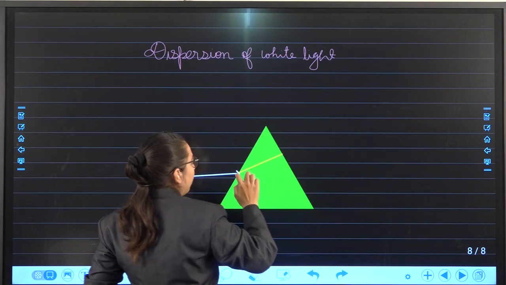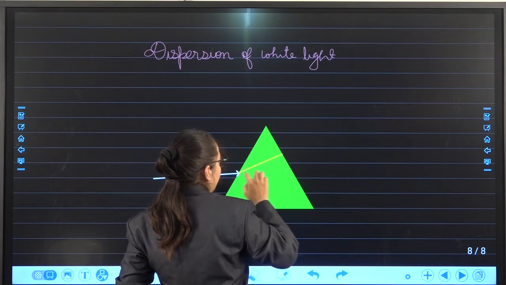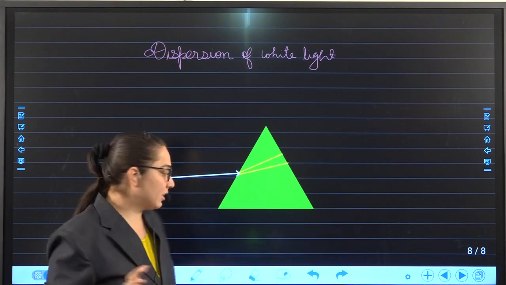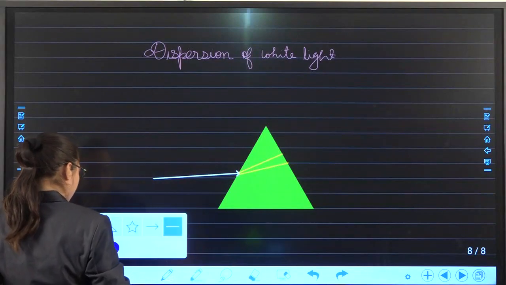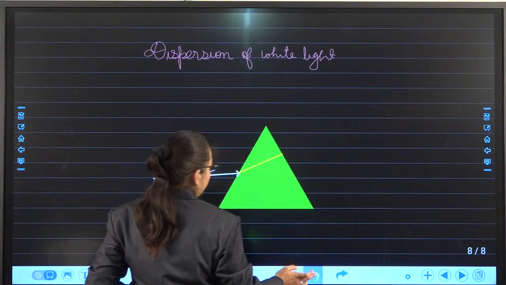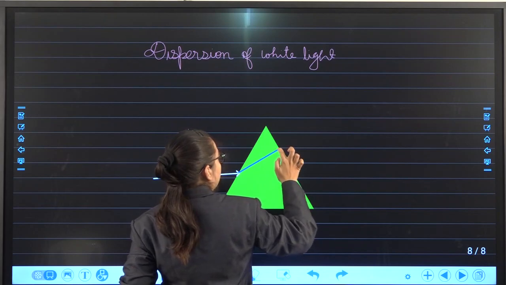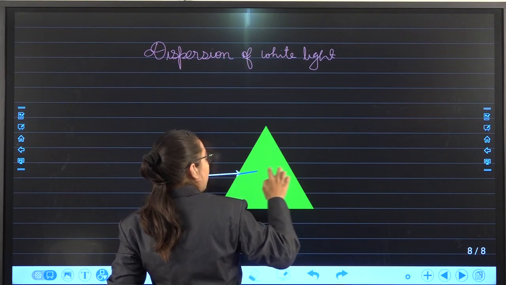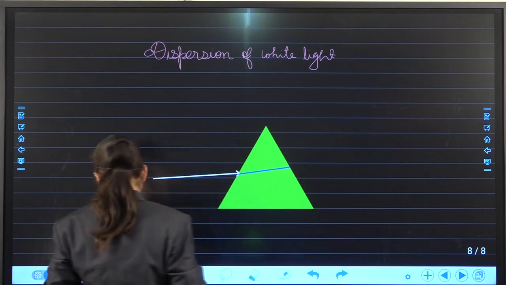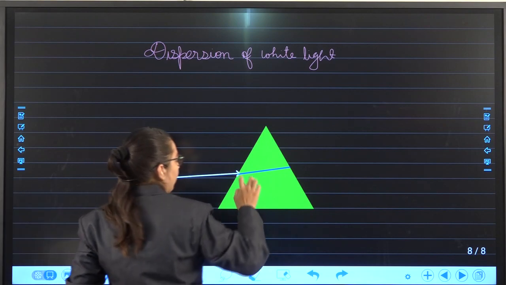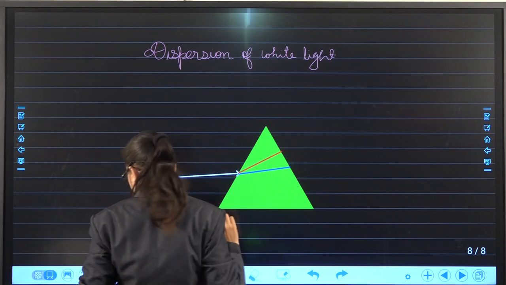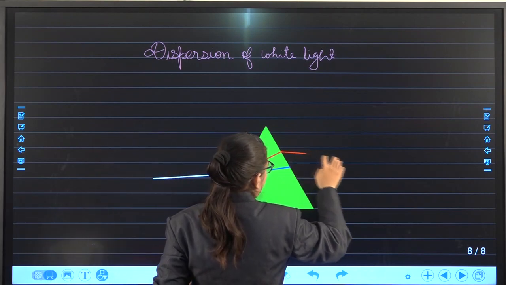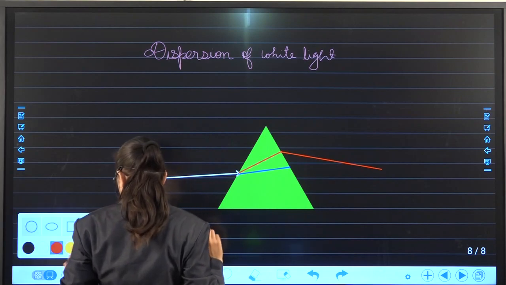There will be bending over here, and from here we will get 7 colors. Again they will be bending over here.